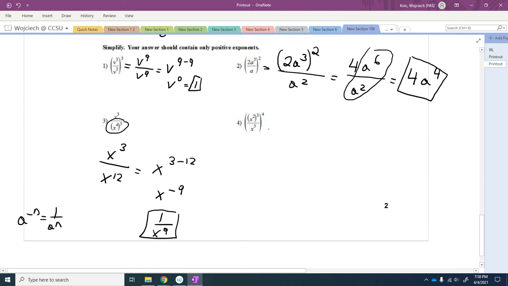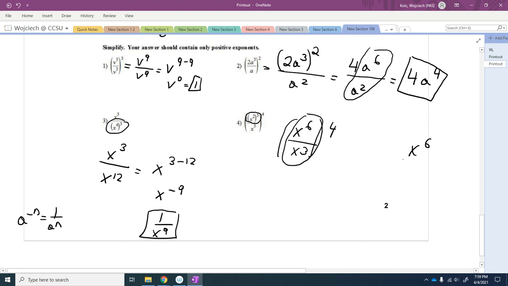All right, finally, question number 4. Okay, first I am going to rewrite x squared to the third as x to the sixth. Now, you can apply the power rule, but you can also first rewrite what's inside of parentheses.